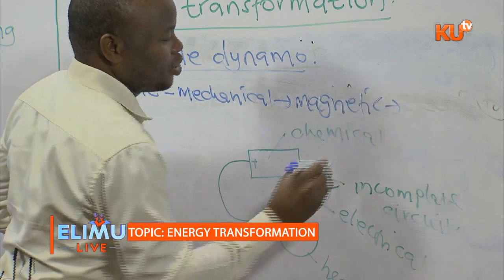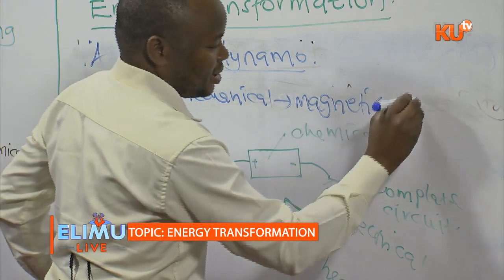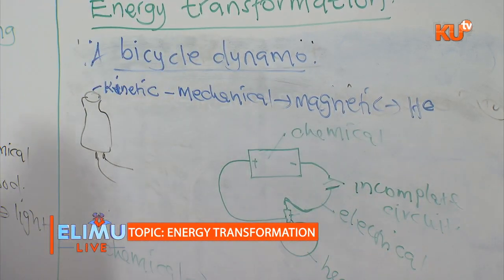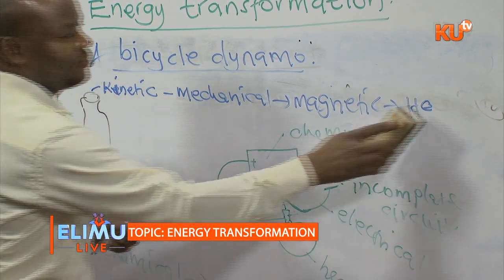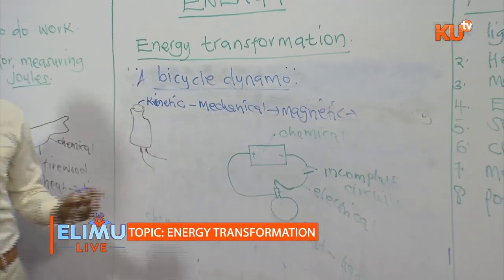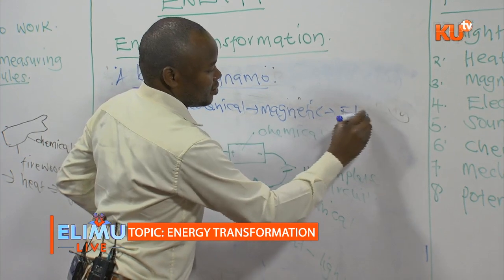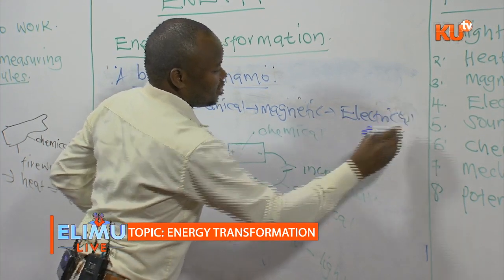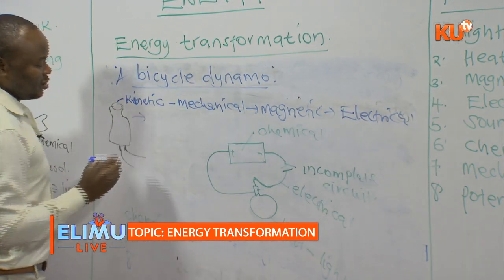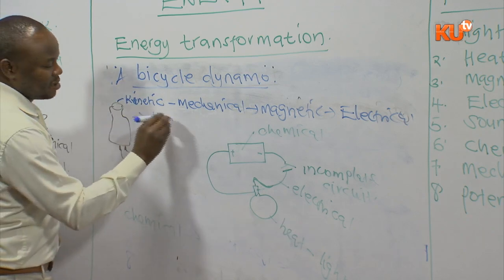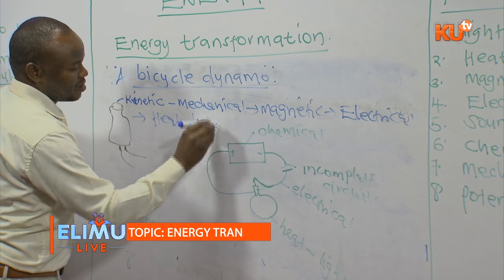From magnetic, you go to electrical, because there is a wire here. From electrical, you go to heat. Then you go to light.